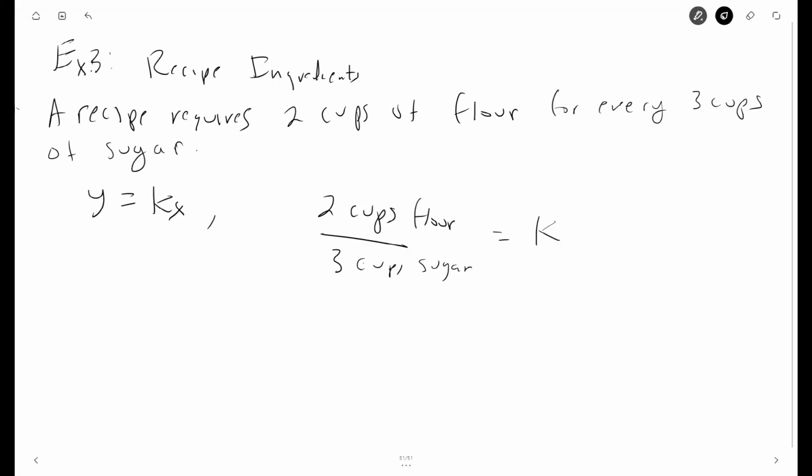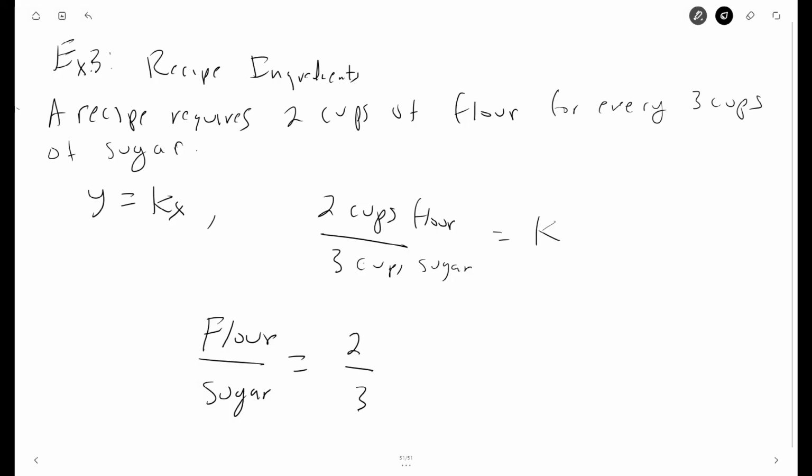And we can say something like this: flour over sugar is equal to 2/3, because that's the ratio we were given. That's our k.